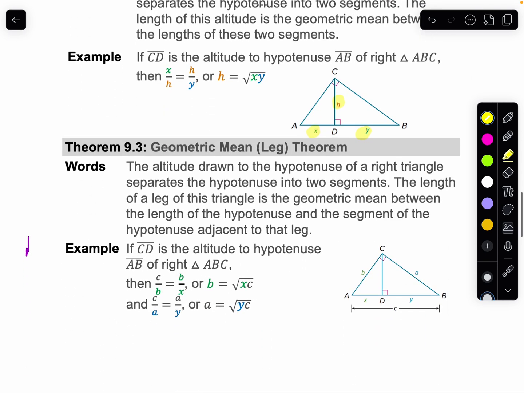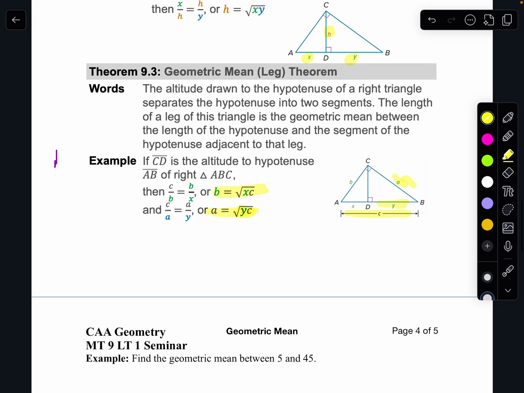When I look at the leg of my triangle, I'll use A for example, that's the geometric mean between the entire length and the part of the hypotenuse that touches A. So between C and A, or CY I should say. So A is the square root of YC, B is the square root of XC. And that's how we'll approach it.